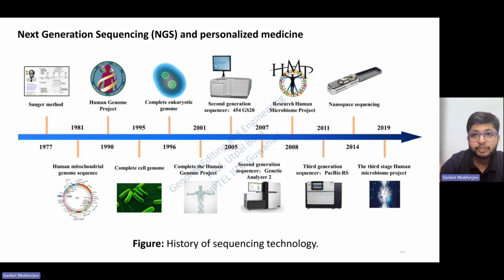So this kind of research has come up and is going on in full swing nowadays for viruses, for bacteria, for fungi, for a lot of things basically. So the entire biology has entered into the sequencing race essentially.